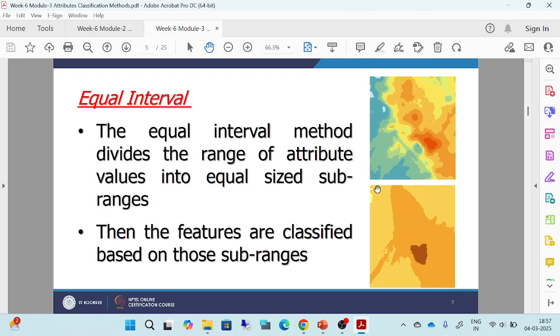Okay. So here at the top, I'll use my mouse better. Yeah. Here at the top, you can see a digital elevation model, right? And then it has been categorized into 3 equal sized categories having different elevation ranges.